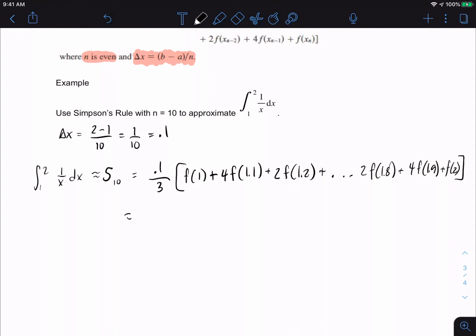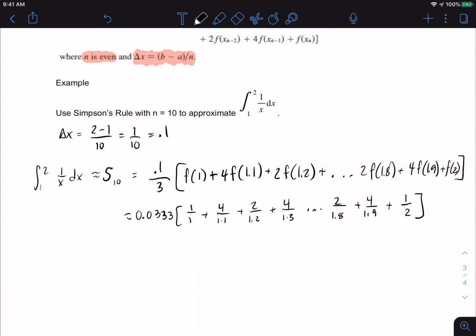It should be in the calculator. 0.03333, whatever, times 1 over 1 plus 4 over 1.1 plus 2 over 1.2 plus 4 over 1.3, dot dot dot, 2 over 1.8, 4 over 1.9, plus 1 over 2.